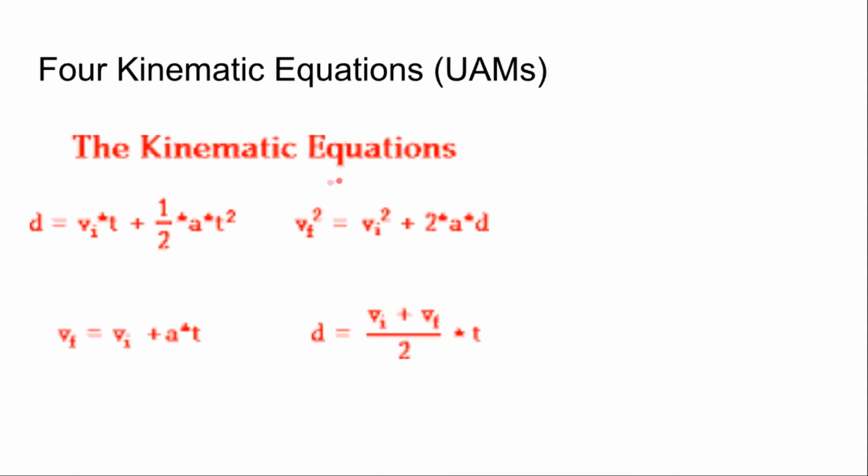Here's the timeless equation, where if you need to solve for a final velocity and you don't know time. Here's what I like to call the time-full equation, if you have the time and acceleration and need to find, of course, your final velocity. And this equation here is d equals (v initial plus v final) over 2 times t. That's for, of course, d, and that is not on your equation sheet. So it's a good thing to memorize, and just keep in mind these work only if acceleration is constant.